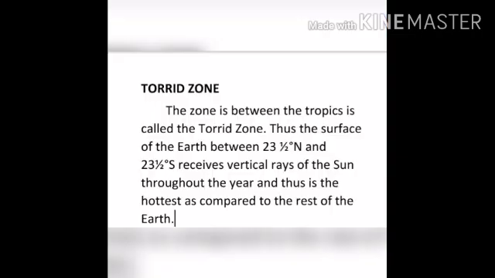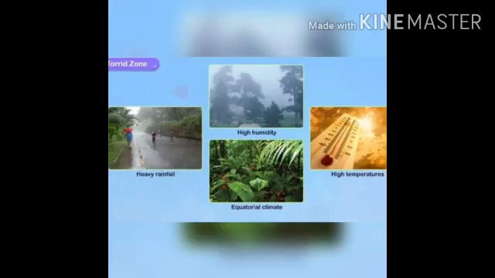The word torrid means intensely hot. The sun rays fall vertically over a small area. Therefore, this is the hottest part of the earth. And this region experiences heavy rainfall, high humidity and high temperature, characterizing an equatorial type of climate.